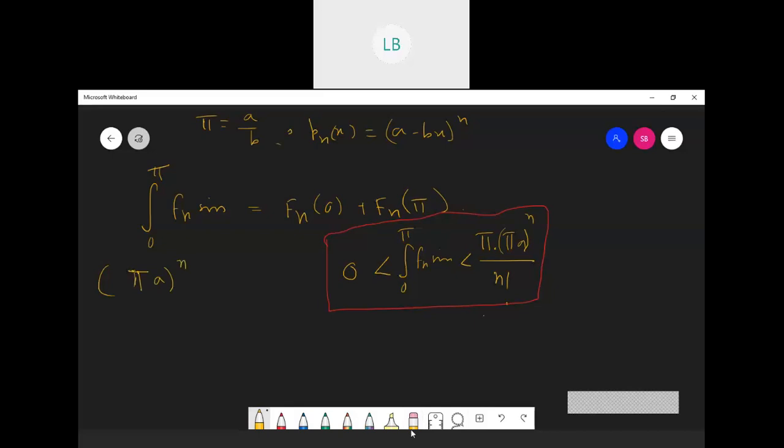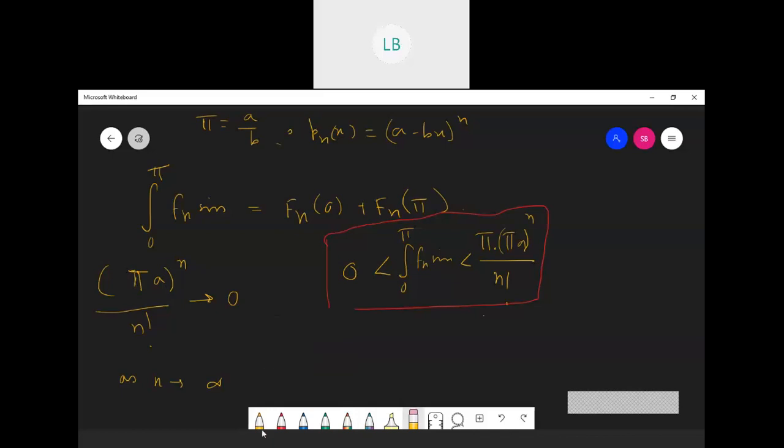If you consider this as a sequence on natural numbers n, it goes to 0 as n goes to infinity. What it is saying is you can make this term arbitrarily small by taking arbitrarily large n. This is something we know from analysis, that c power n by n factorial goes to 0, for any constant c.